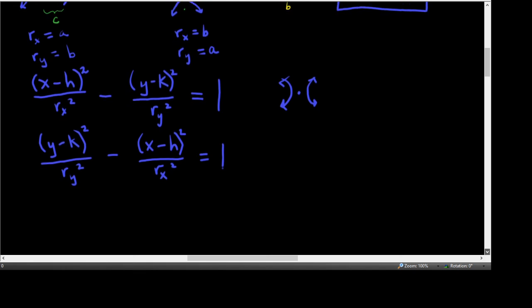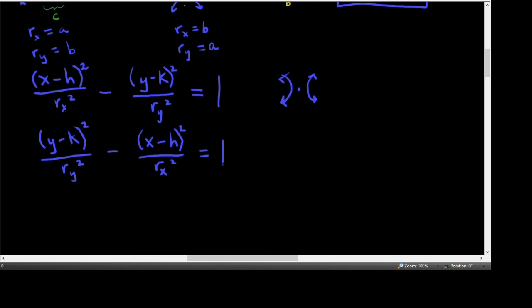Okay, so you might have kind of gleaned that what's going to happen with the other case is if y is in the positive fraction, we're going to move from the center in the y direction for all of the major things to happen. So we'll go up and down for the vertices and the foci, which will make our branches open up and down. All right, and so we would use the equation c squared equals a squared plus b squared to find the length of c and locate the foci as needed.